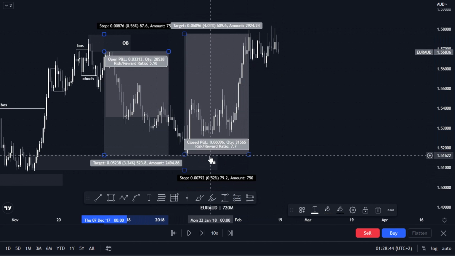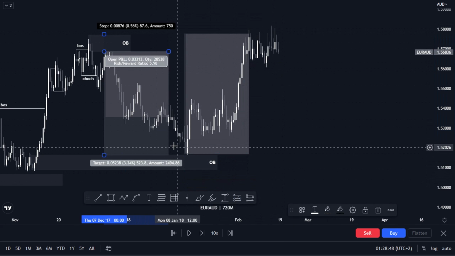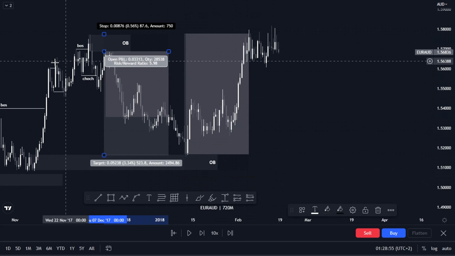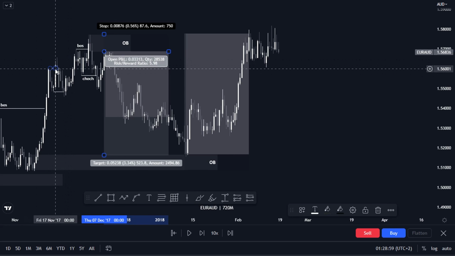So just like that you are going to get a 6 plus 7R, which is a 13R from 2 trades, and just by losing 1 trade at this fake change of character here.